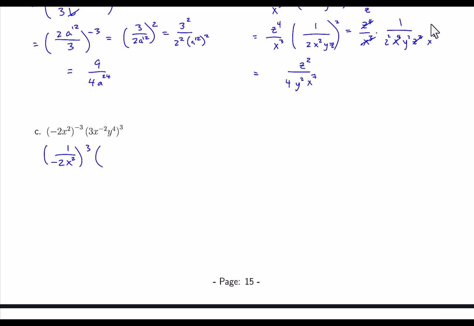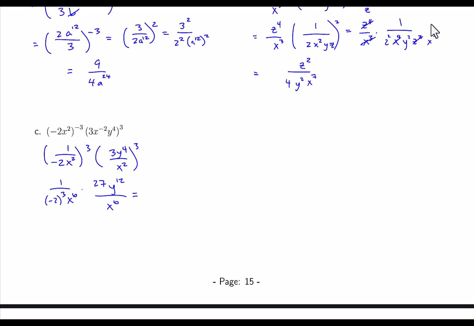The second one, I'm going to make 3y to the 4th over x squared to the 3rd. Now everything in parentheses gets raised to the 3rd here, so I could make this like 1 over negative 2 to the 3rd, x squared to the 3rd would be x to the 6th. 3 to the 3rd is 27, y to the 12th over x to the 6th.